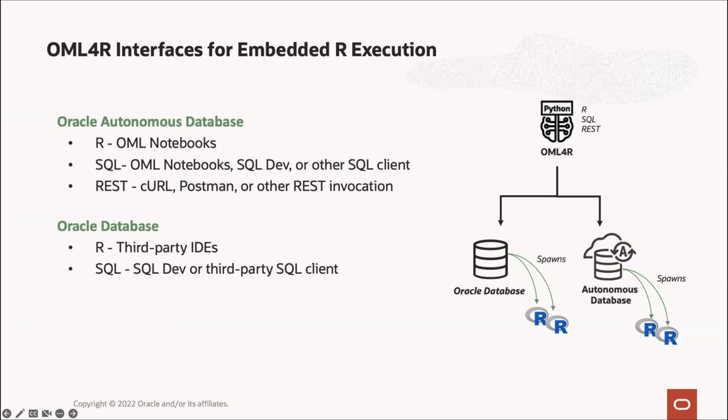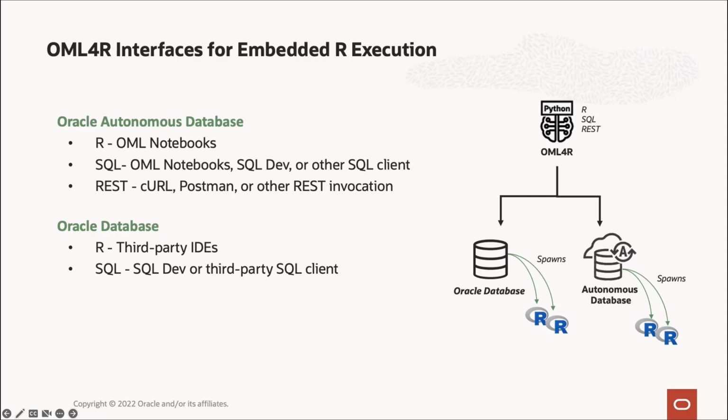So let's explore the different interfaces for OML4R Embedded R Execution. With the Oracle Autonomous Database, OML4R can be interfaced with the R, SQL, and REST interfaces. With R, Embedded R Execution can be accessed through OML notebooks or third-party IDEs like Jupyter and Zeppelin.